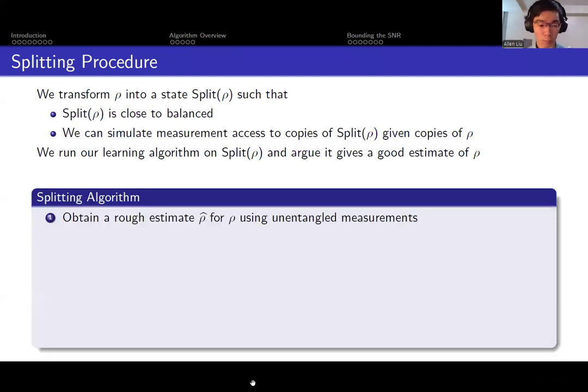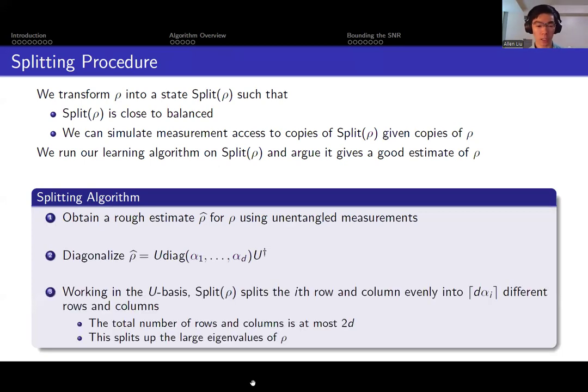Very roughly, our splitting algorithm works as follows. We obtain an estimate rho hat for rho, then we diagonalize it. Working in the basis in which rho is diagonal, here the U basis, we basically split each row and column i into a number of different rows and columns.